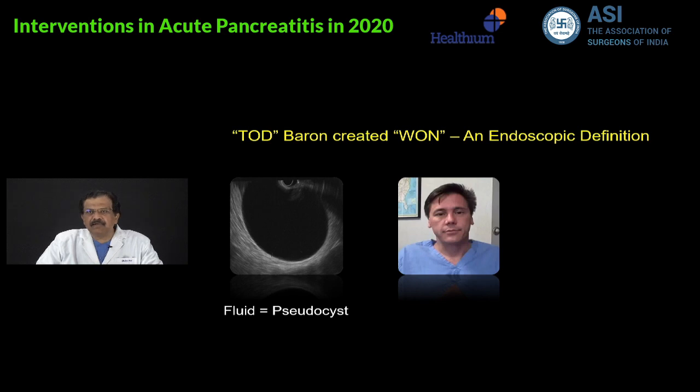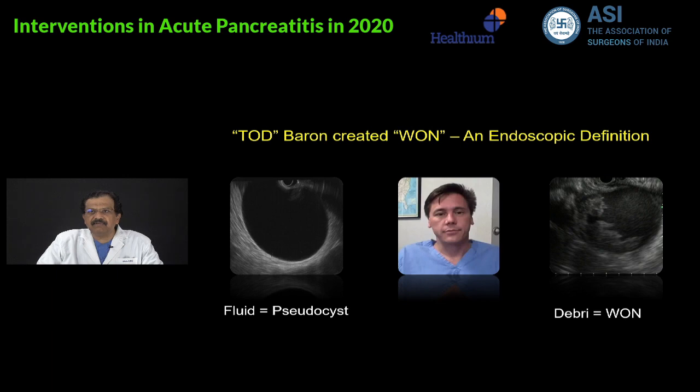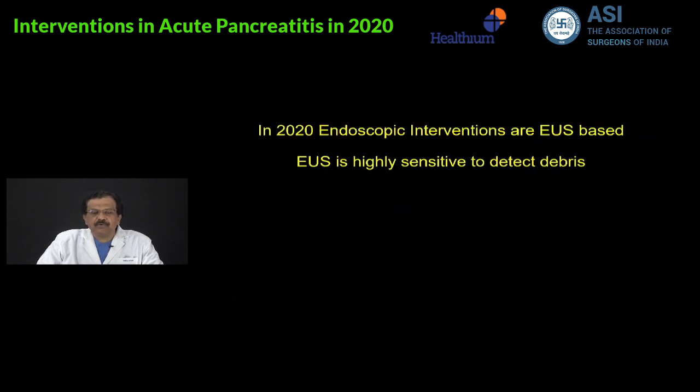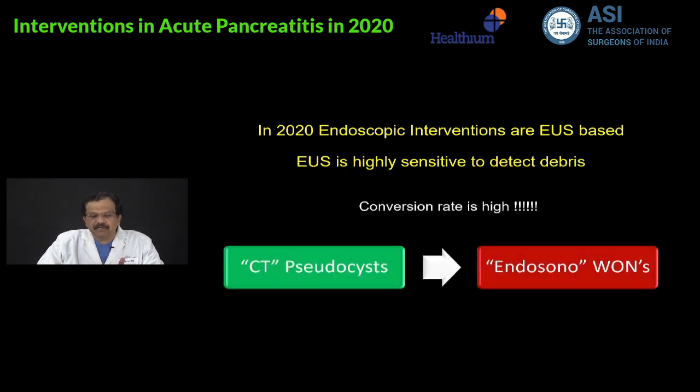So basically what it means is whenever there is fluid, it is called a pseudocyst, and whenever there is some amount of debris, it is called walled-off pancreatic necrosis. So in 2020, most of the endoscopic interventions seem to be based on endoscopic ultrasound, and endoscopic ultrasound is very highly sensitive to detect even a small amount of debris that we see. And so the conversion rate is very, very high.